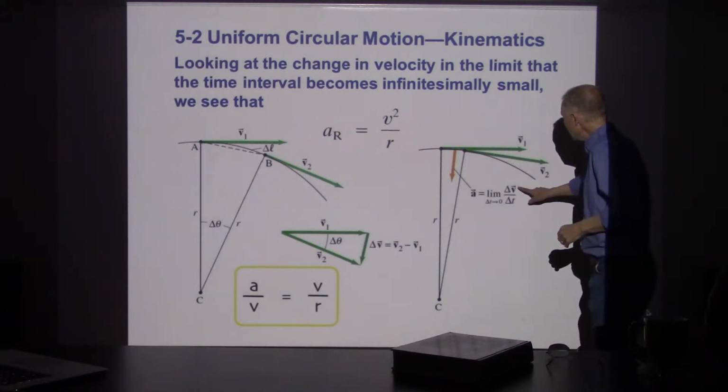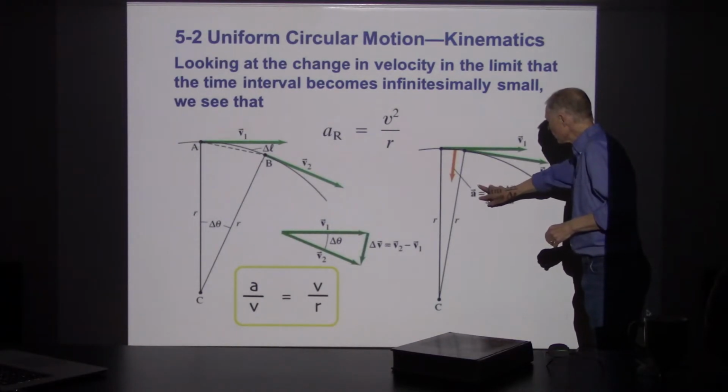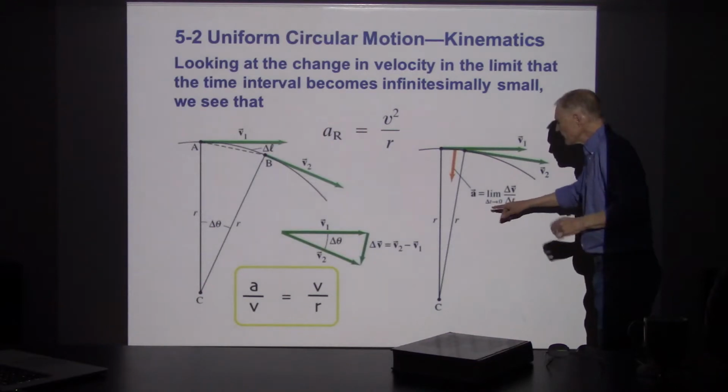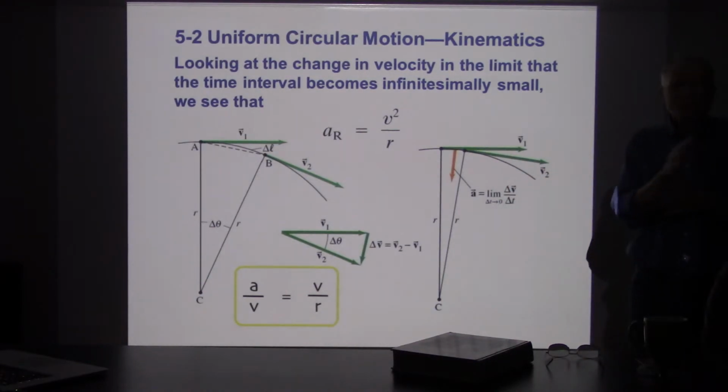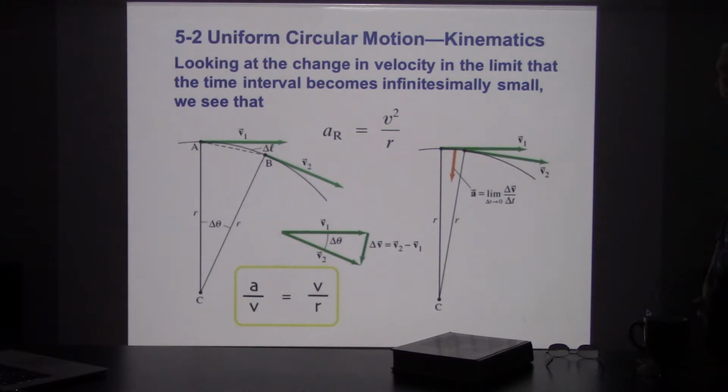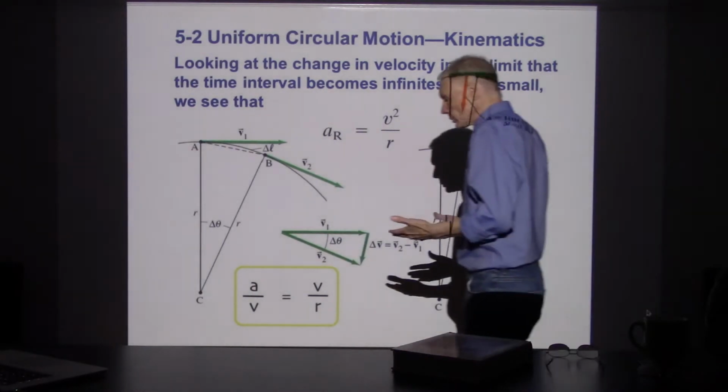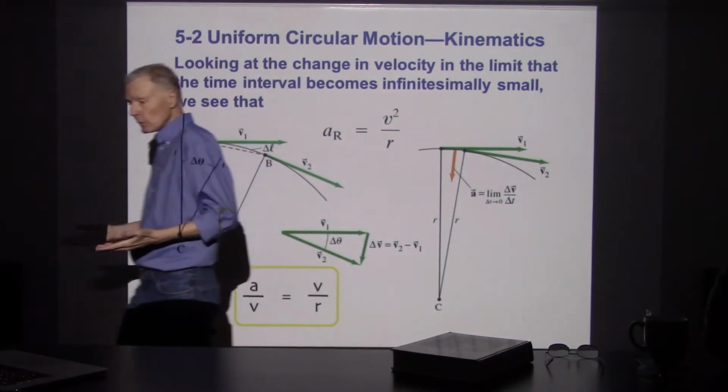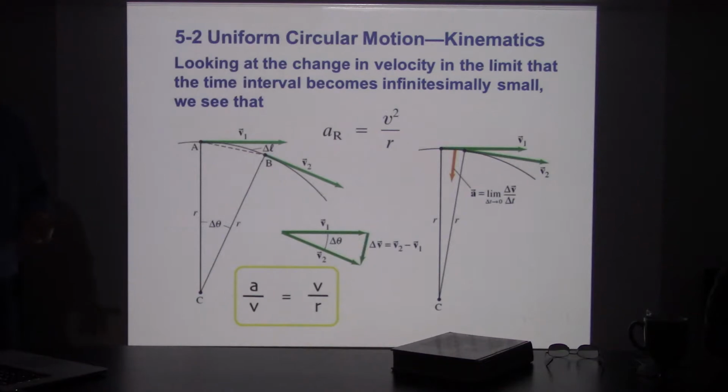So I can take the delta v, divide through by delta t, and that will give me the acceleration. In the limit, where the time intervals become really small, it's a derivative, right? So I'll end up with the acceleration, again, written as the time derivative of the velocity, but in vector form.